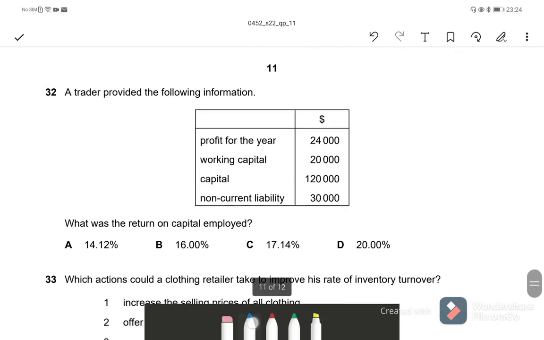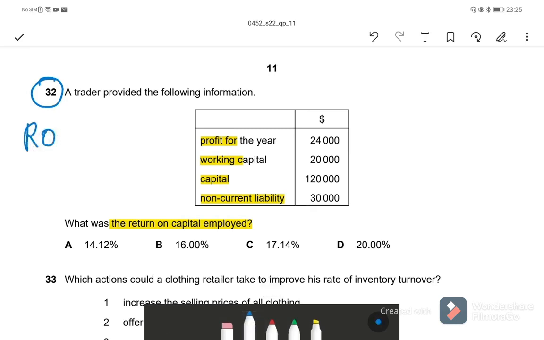Question number 32. A trader provided the following information: profit, working capital, non-current liability. What was the return on capital employed or return on investment, ROI?